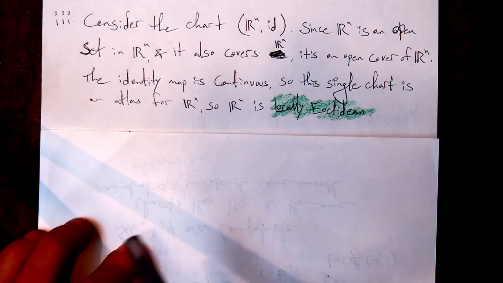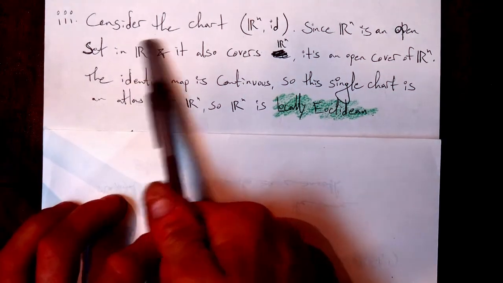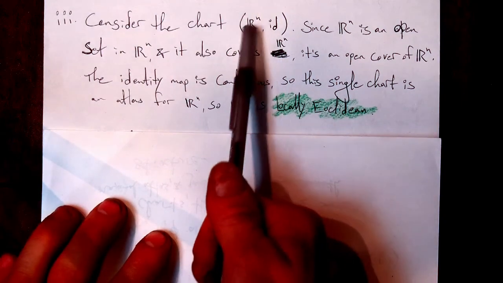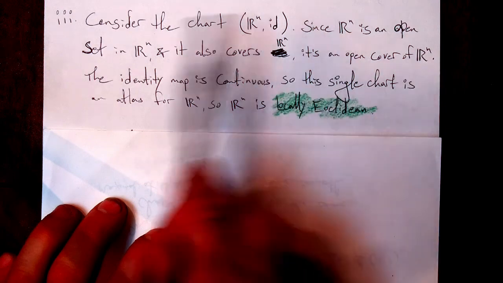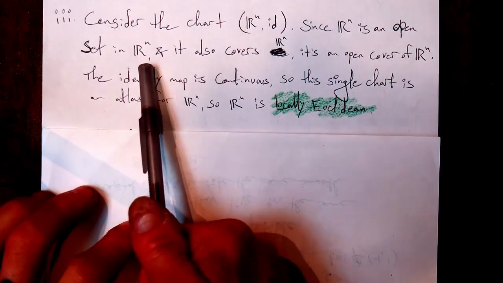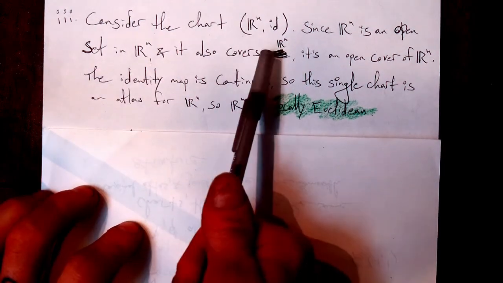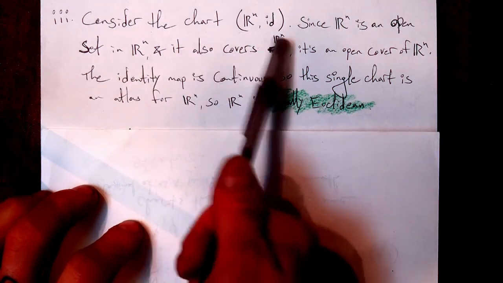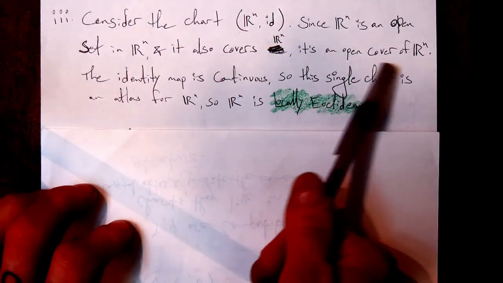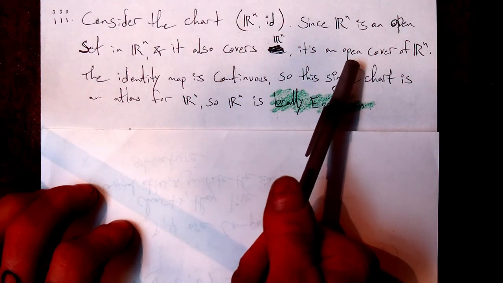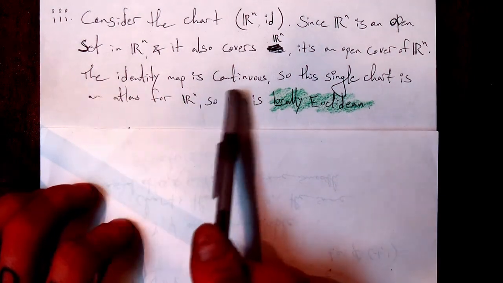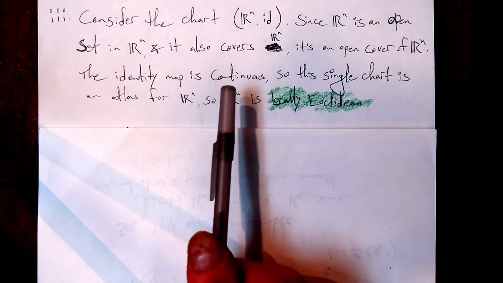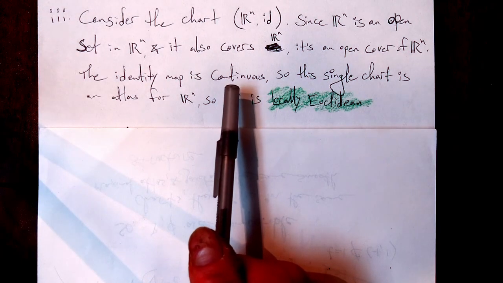Alright, now let's show that it's locally Euclidean. So consider the single chart where the open set is Rn and the map is the identity map. Since Rn is an open set in Rn, and also Rn covers Rn, right? This open set covers the entire space. So this single open set is an open cover for Rn. Now, the identity map is continuous. You can take that as a math fact. I'm not going to prove it here.